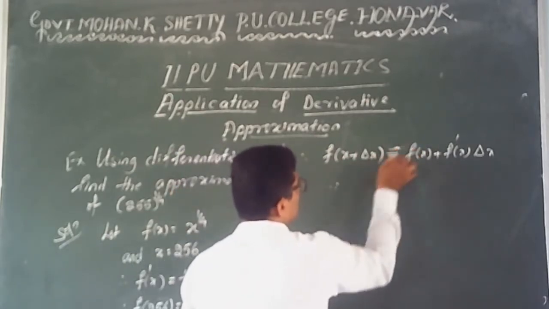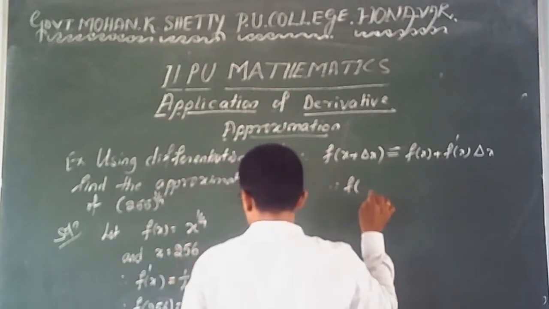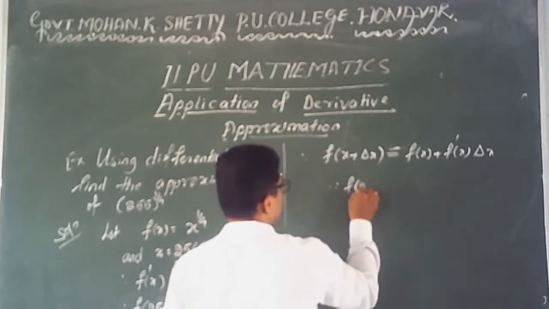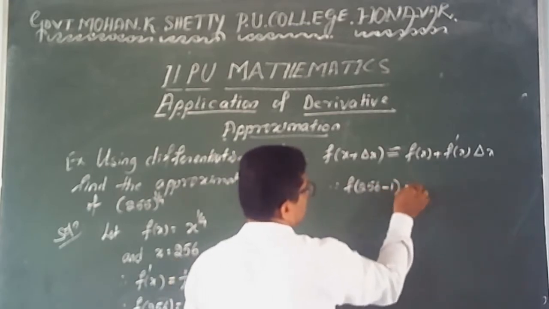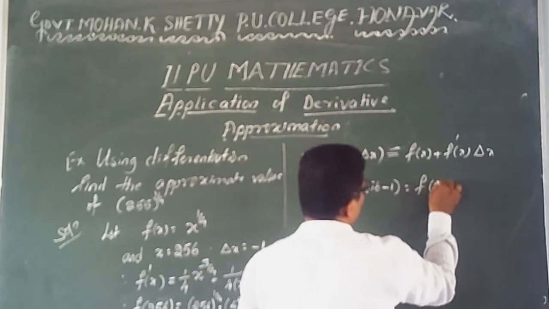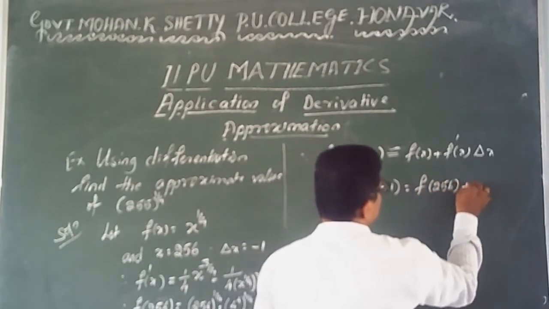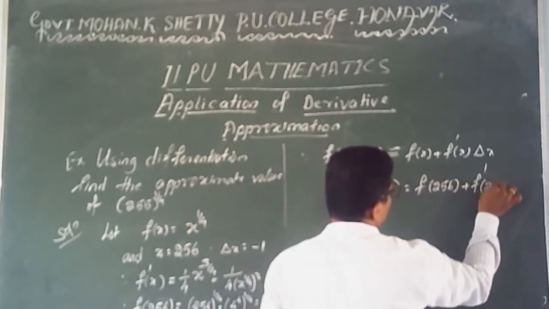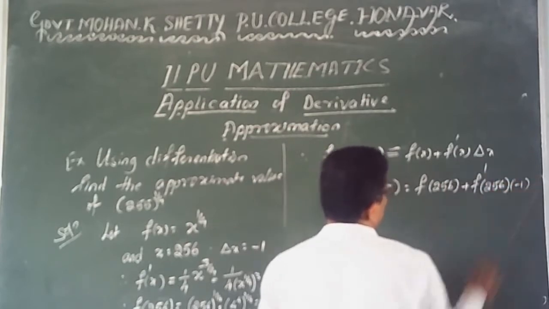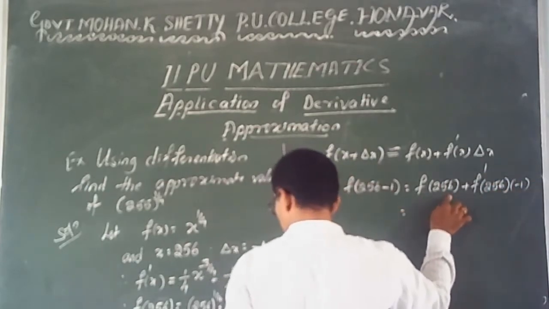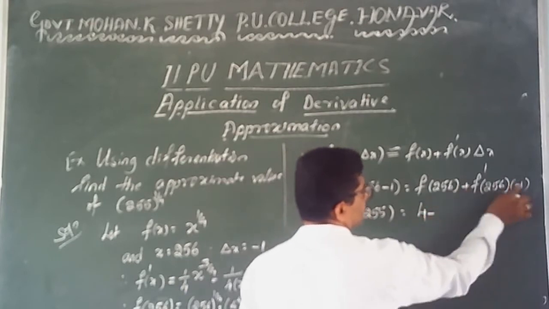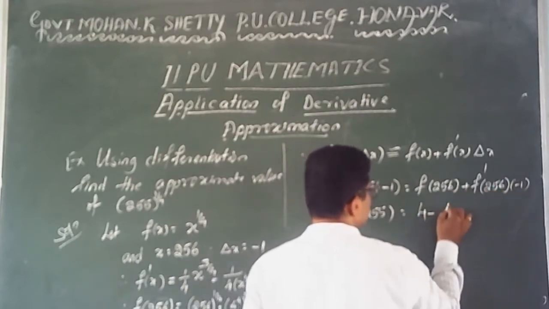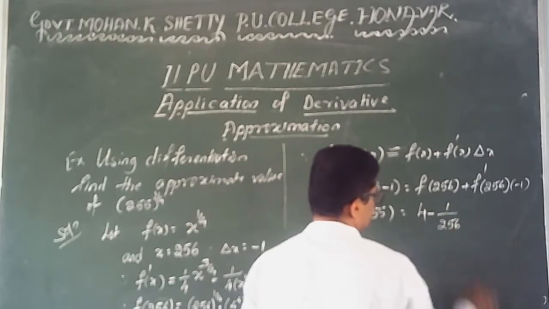Therefore, taking x is equal to 256 and delta x is minus 1, f of 255 is approximately f of 256 plus f dash of 256 into minus 1. f of 256 you know is 4, and f dash is 1 divided by 256.